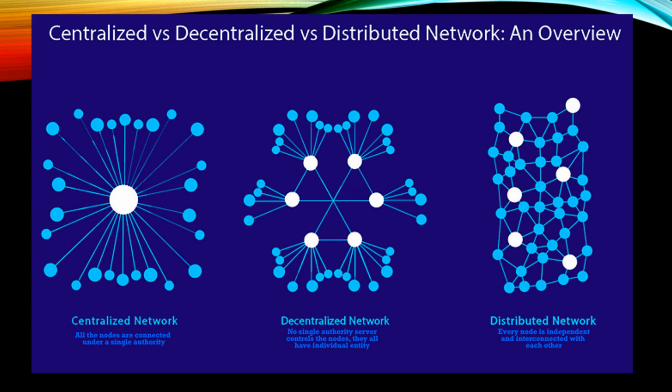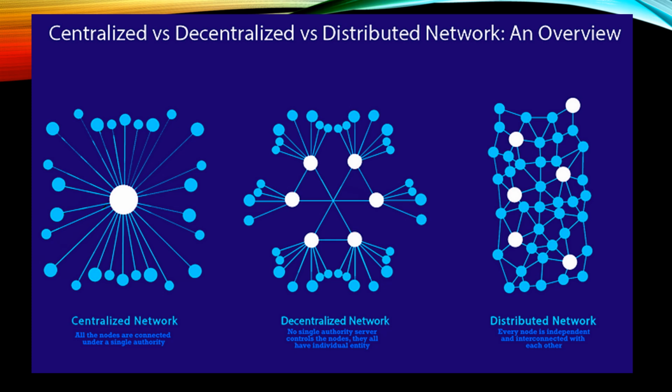The first image is centralized. Every node is a different computer connected to the central node, which is the central server. All the others are the nodes. The complete computation depends upon the central server, which is known as centralized computing.